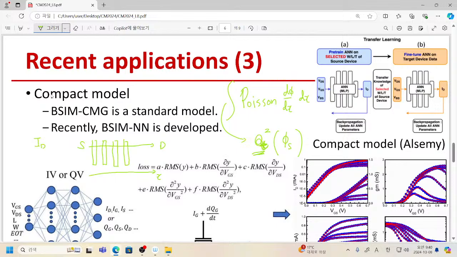Once you have this drain current, then by adding further physical mechanisms like short channel effect or velocity saturation, mobility degradation, all kinds of leakage current, then you can get a relatively simple expression for your terminal currents.